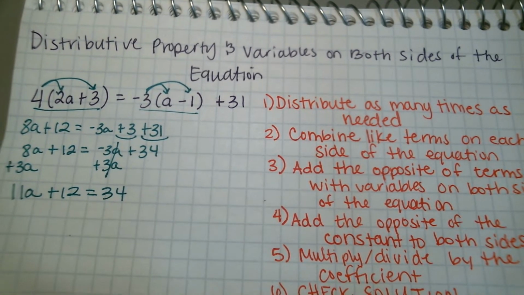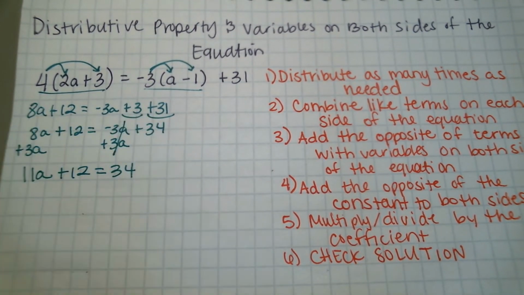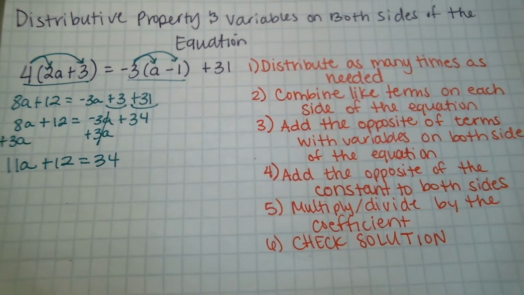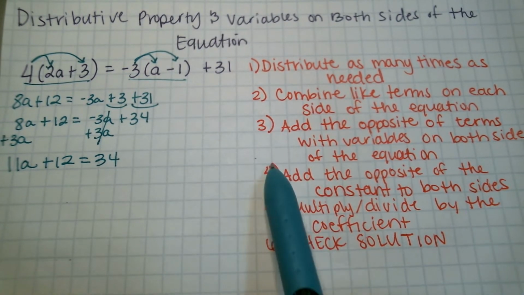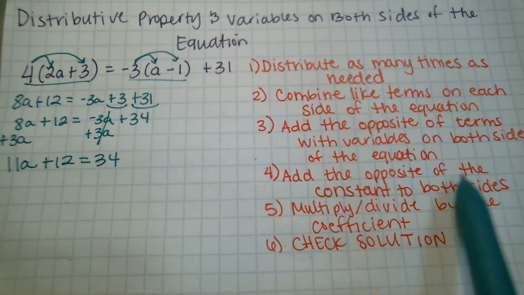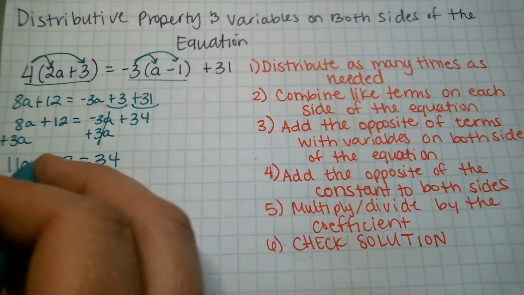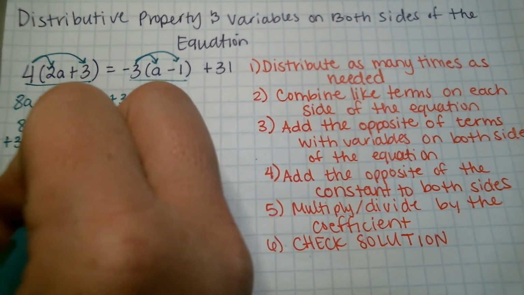And what do you know? We have a two-step equation. So I'm going to go through my two-step equation process. This is two-step equation right here, 4, 5, and 6. Add the opposite of the constants. Well, my constant is 12. The opposite of my constant is negative 12.